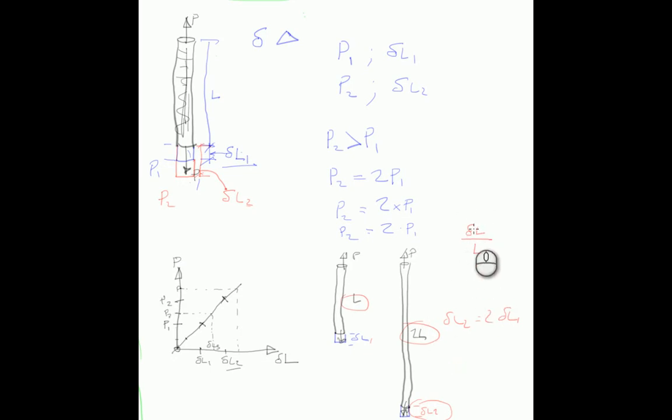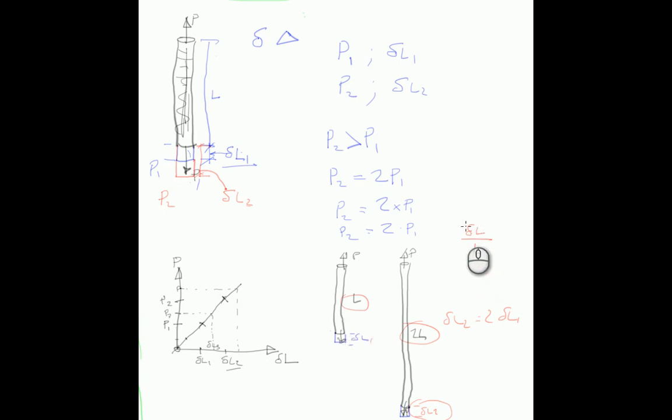So I'm going to look at delta L divided by the original length. Okay. And I can now see that this delta L1 for this length 1 here is such that delta L over L gives me some value. Okay, it's quite a small number because this extension is quite small compared to the original length.